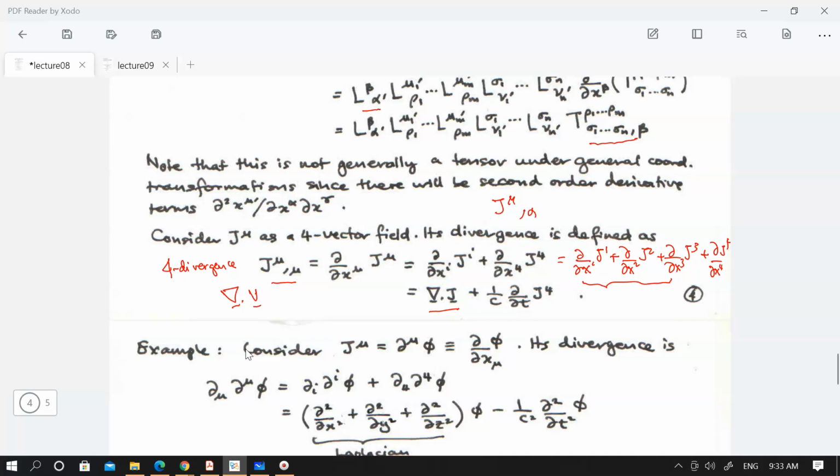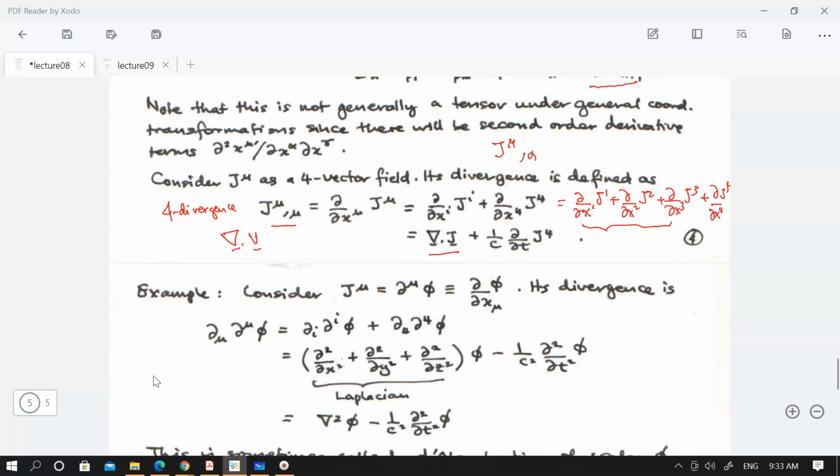Now why is this important for us? When we look at some special cases, like when j mu itself is given by a derivative of a scalar. Here's an example. What happens in this particular case?